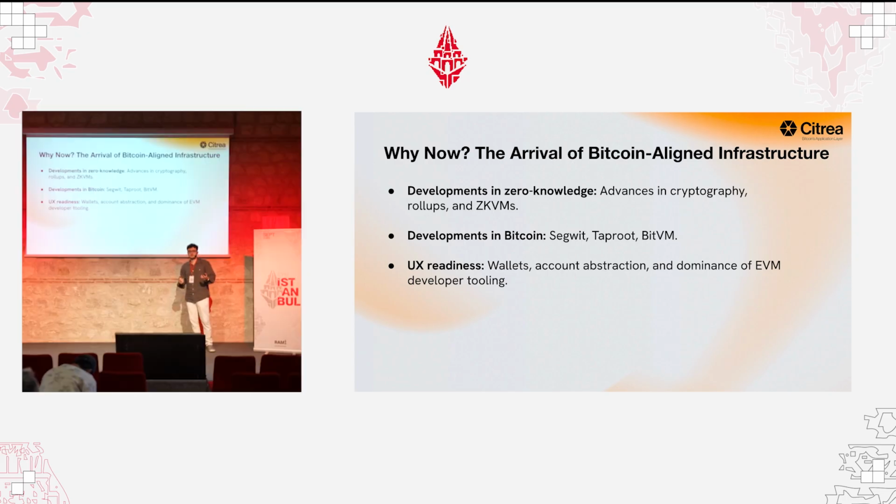Then, we have UX readiness. The crypto world in the past few years has made new improvements to how wallets work with account abstraction. EVM tooling has gotten even better. It's really easy to deploy and maintain any kind of application.